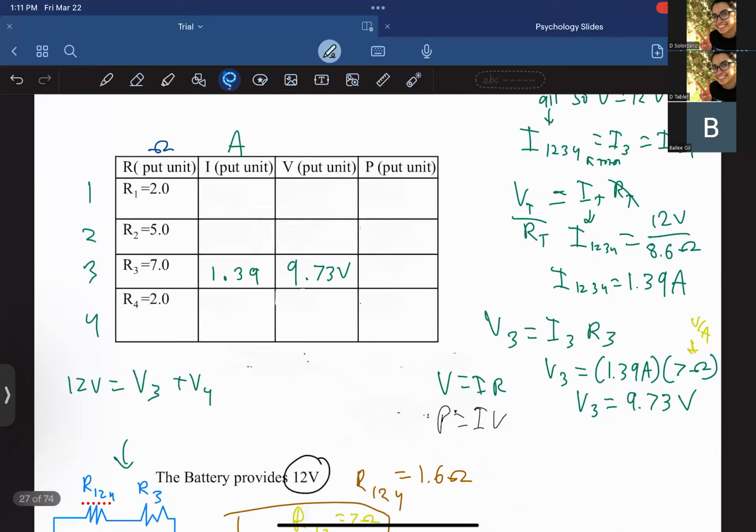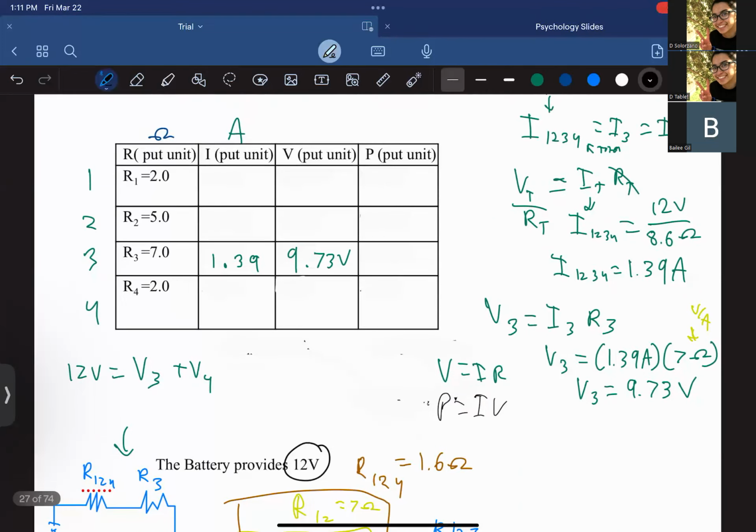Because our equation for that is P is equal to IV. So we can go P3 is equal to I3 V3.